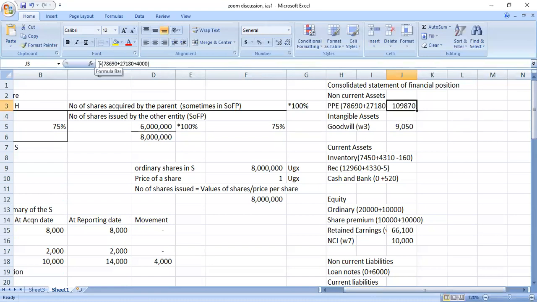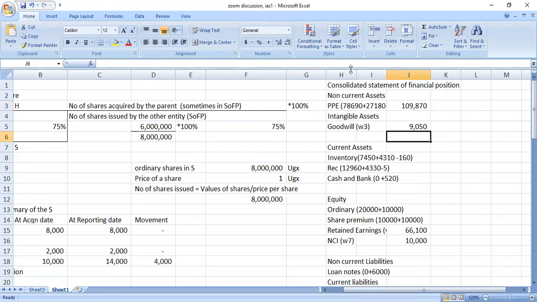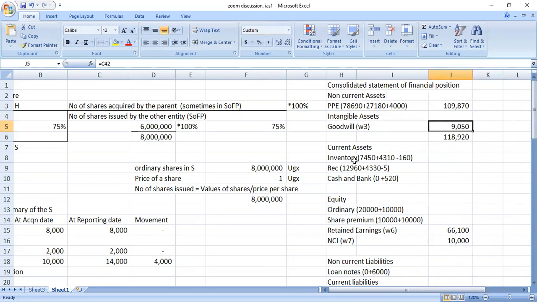Otherwise, we are adding here. So when I get the totals, that is for non-current assets. When I add, that's what you get for non-current assets as the total. Then you have current assets.